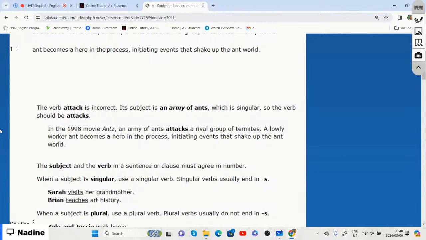But if our subject is singular, then a singular verb usually ends in s, like visits. That is an example.